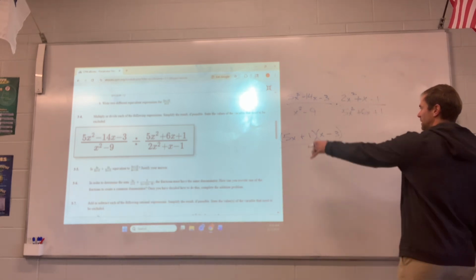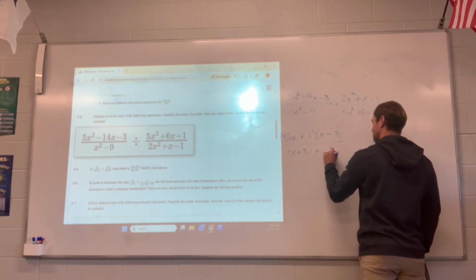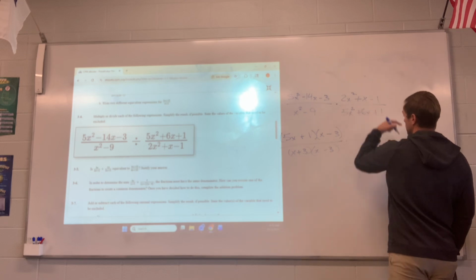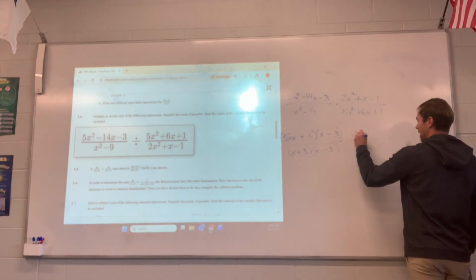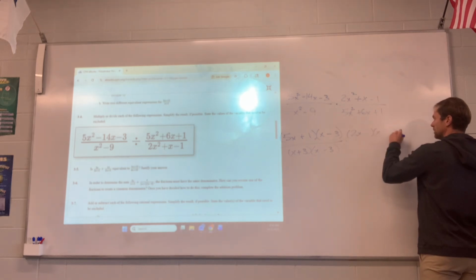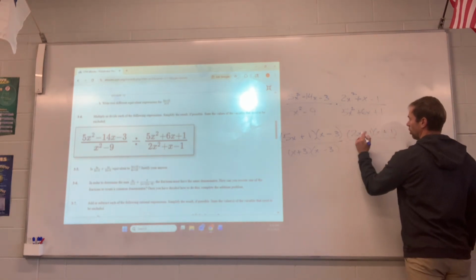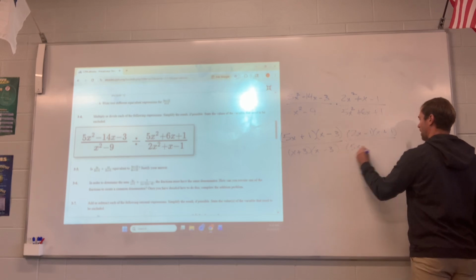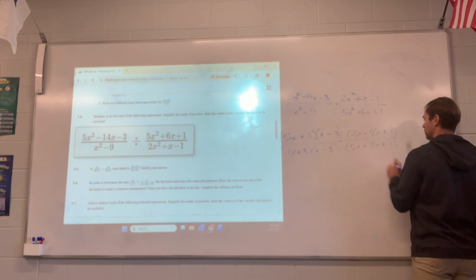The bottom is a difference of squares, so this is (x+3)(x-3). Again, factoring a trinomial, we have 2x and x, this is plus 1 and minus 1, over 5x and x, this is plus 1, this is plus 1.